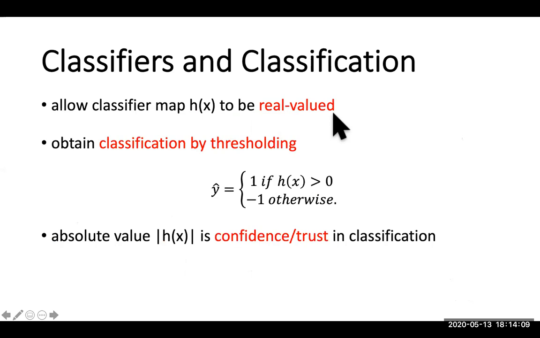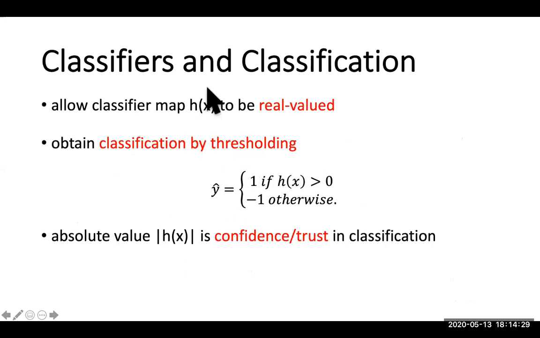And at first sight, this seems a bit stupid because the label value is only +1 or -1. So why should I then use as a classifier a map to some real number? However, it turns out to be extremely useful to do this. First of all, we can always obtain a classification by thresholding.